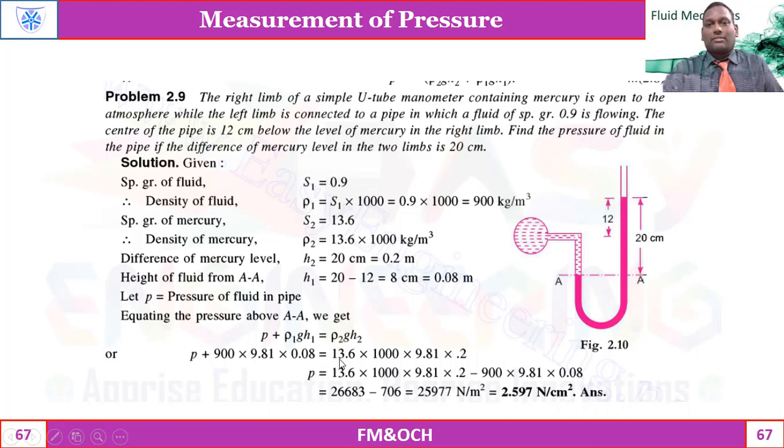That must be equal to 13.6 into 1000 into 9.81 into 0.2 meters. Once again I am telling, please use only the SI system. If anything is given in centimeters, convert into meters. Please do not use 20 centimeters directly. As all units are in SI, we can work out P as 25,977.